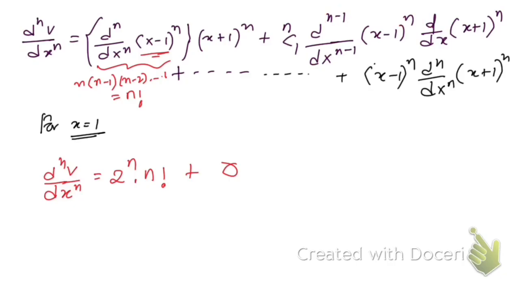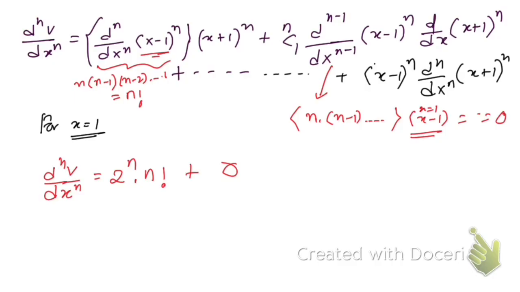So at the end here, you're going to have n into n minus 1 into dot dot dot, and here it will contain one x minus 1 term. Okay, on putting x is equal to 1, that will be equal to 0, right?